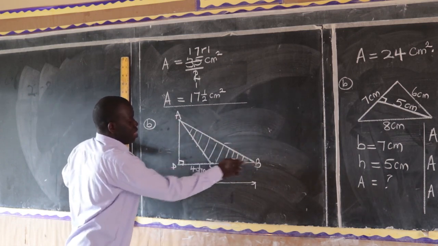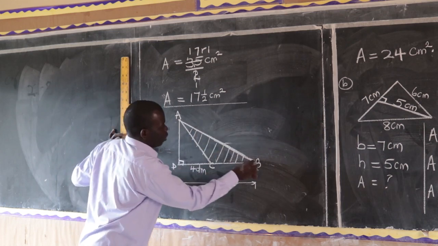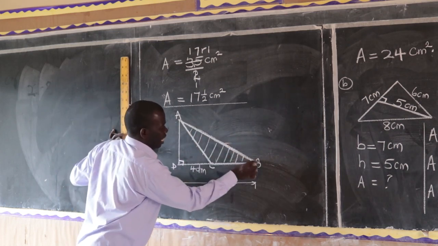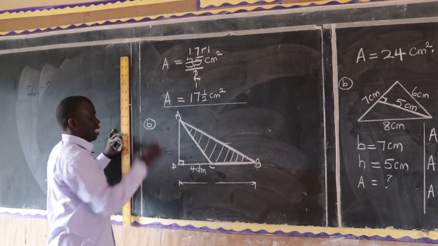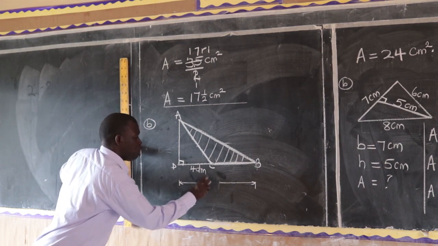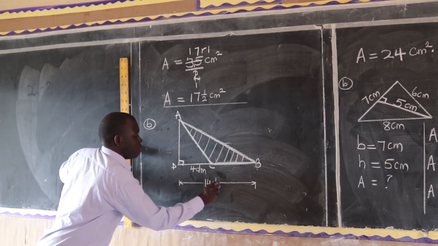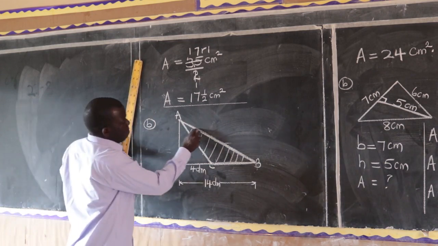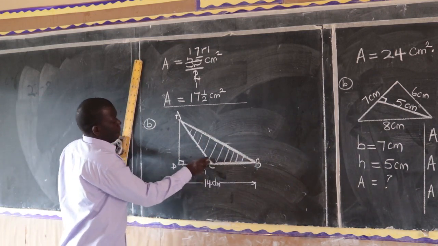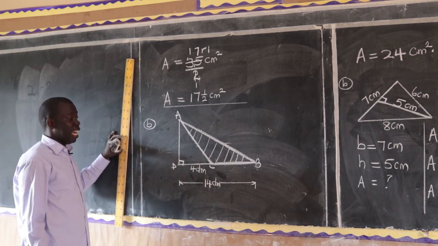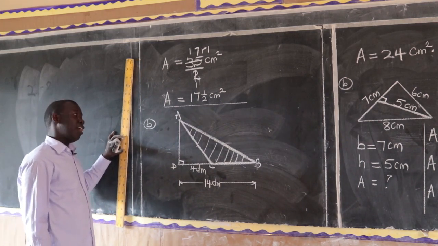Triangle ABC. So you look at this. If you are asked to find the area of triangle ABC, like this, please children, identify the base. I said this is 14 decimeters. Identify the base of that triangle ABC and identify the height of the triangle ABC.